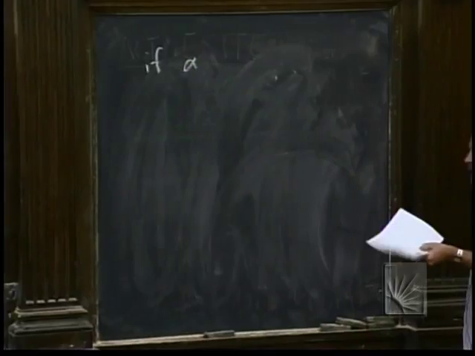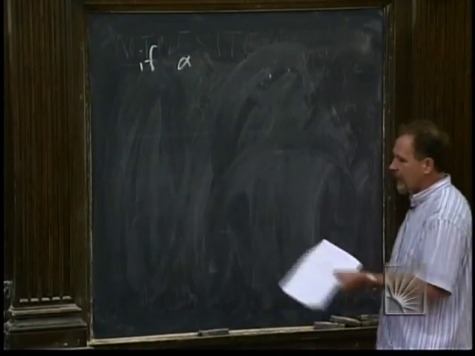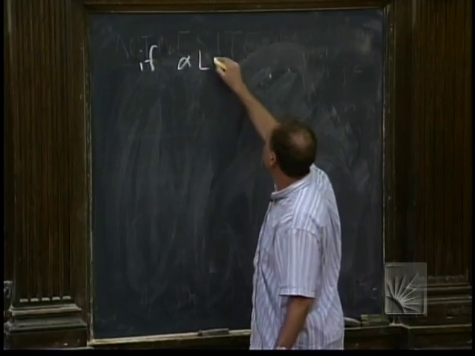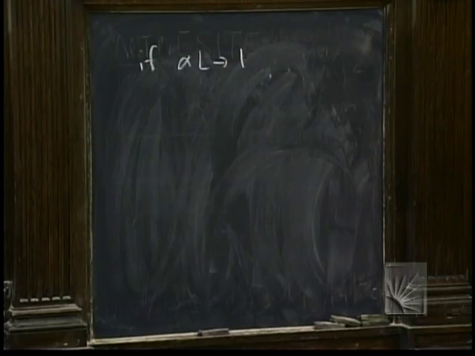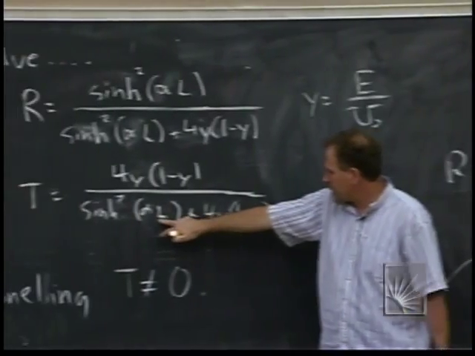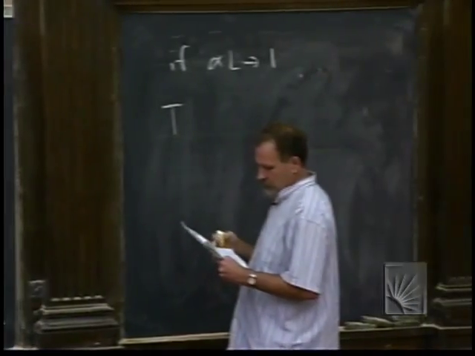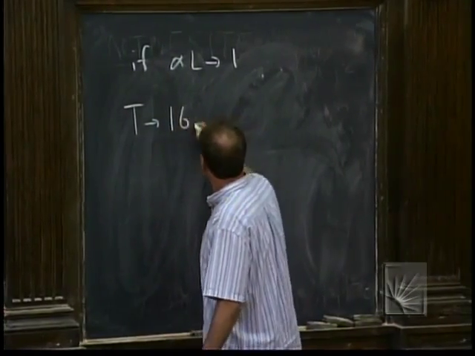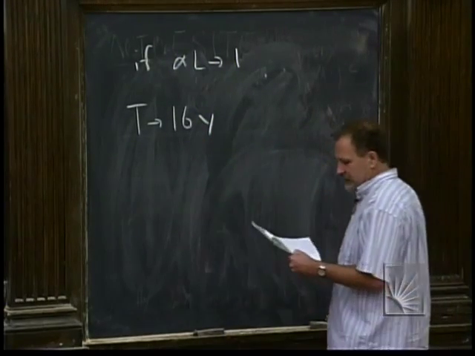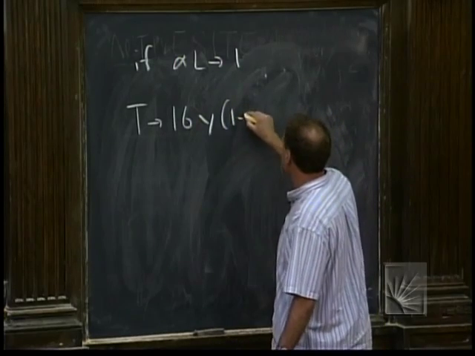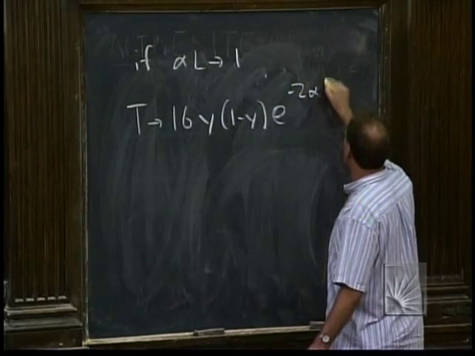Sinh is that, but where everything is not e to the i theta, but e to the alpha L. So if alpha L grows bigger than 1, this term dominates over that because y is very small, and this is an exponential, and part of it is growing, and this goes to 16. Sinh squared becomes 2 exponent, and so this becomes 16y times 1 minus y e to the minus 2 alpha L.